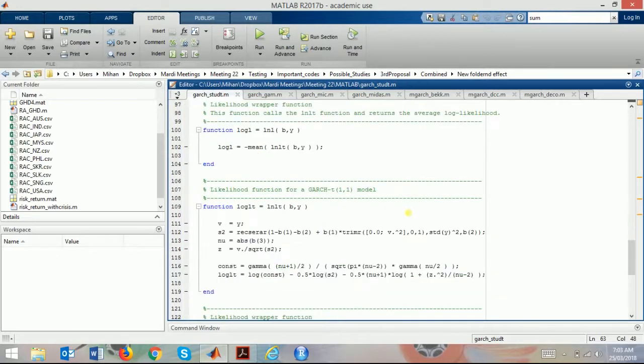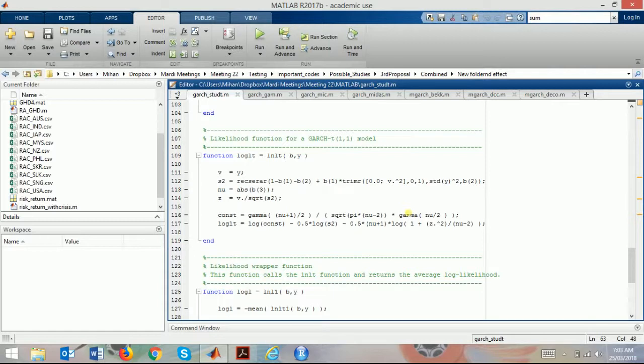Obviously, I will write a wrapper function, then GARCH t1, with v equal to y given to us, then sigma squared. Because we have to do it 100,000 times, we want a recursive replication, so we'll put the whole equation in the Rexarer function.